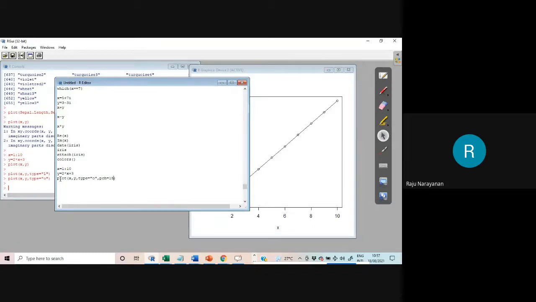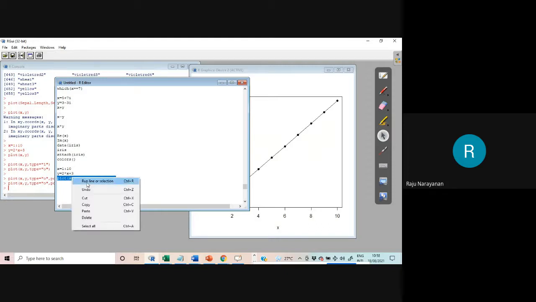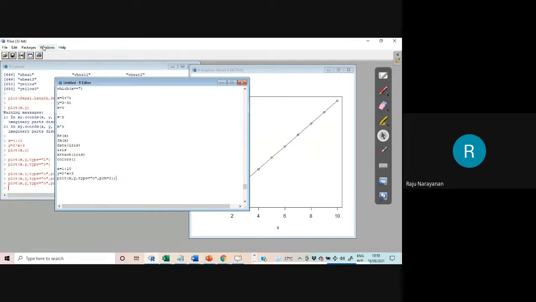Instead of those small circles, you will get some other things, some diamonds or square shape, something like that. If you are not happy with that, you change to 60. You will get something else. If it is 21, it will be something else. All those things are available in this manual.